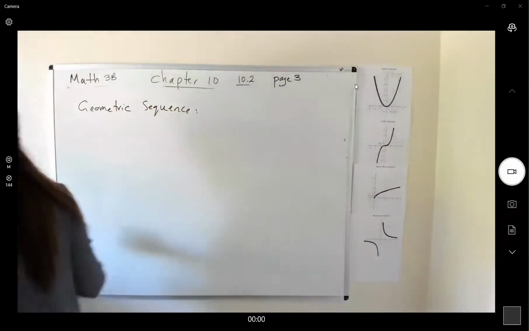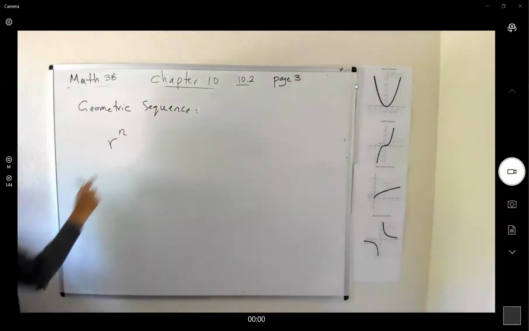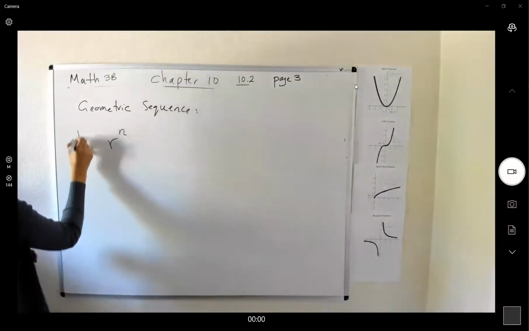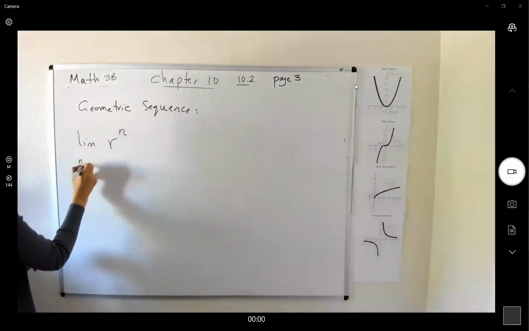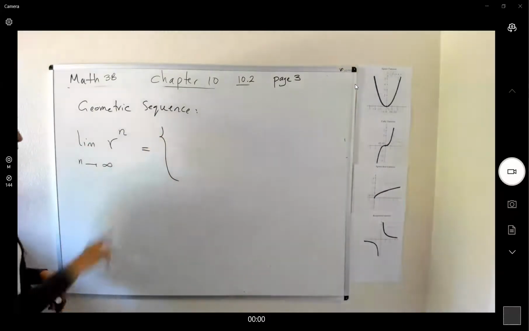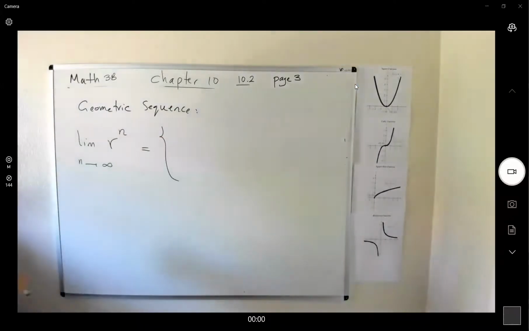The geometric sequence is defined this way: R to the n, where R is the ratio and n is just the exponent. The limit of R to the n while n goes to infinity has different cases depending on your ratio.